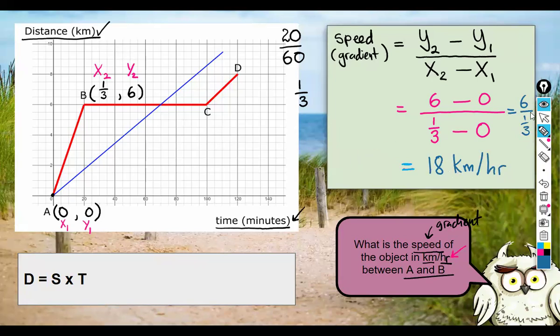And if you don't believe me, let me show you. 6 divided by 1/3. You can write it like this instead. But remember in primary school, when you change the divide to multiply, you just flip the fraction after. So 6 by 3 is 18.